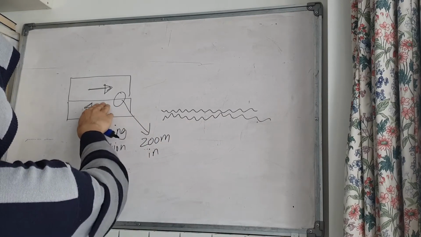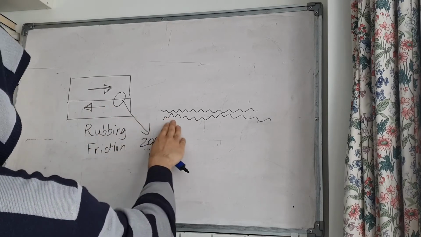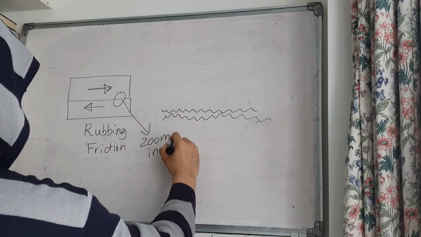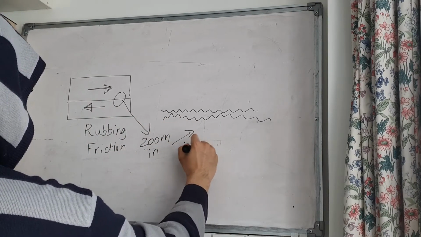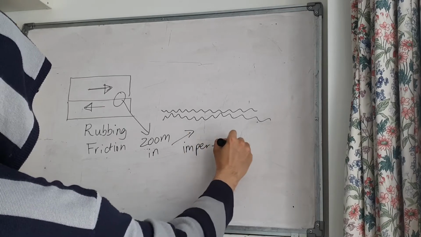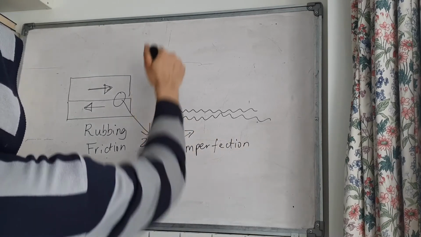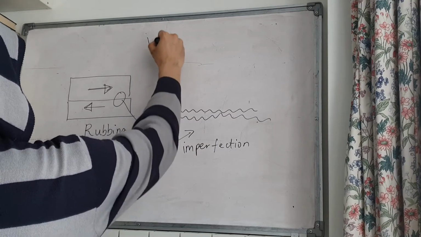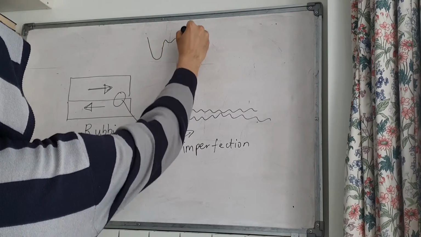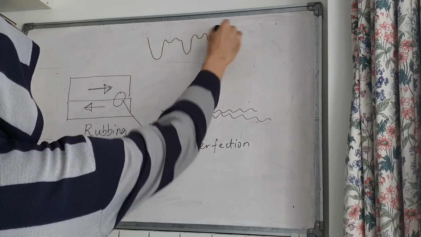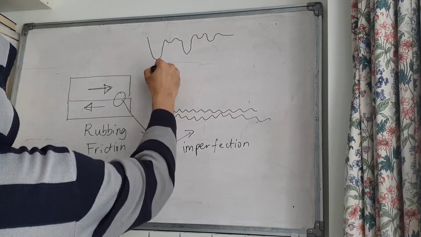So it's not perfectly smooth. If you zoom even closer, you might get tiny valleys. You might get these bumps.